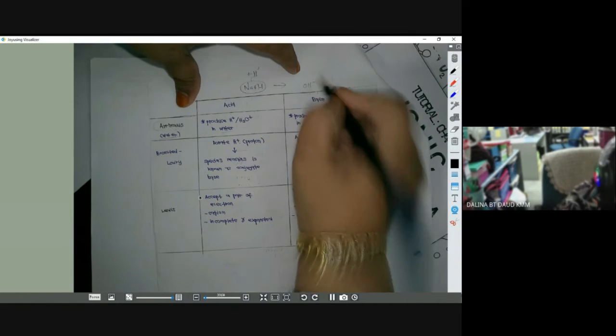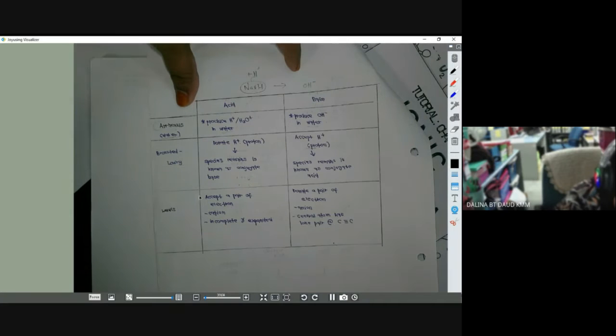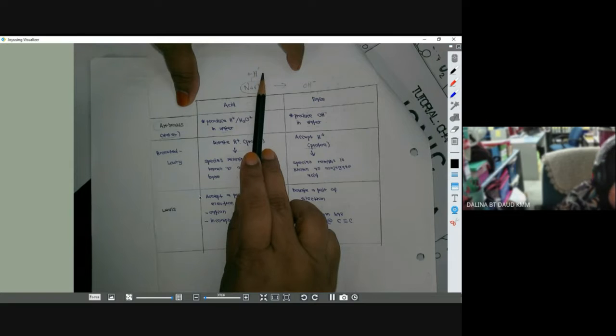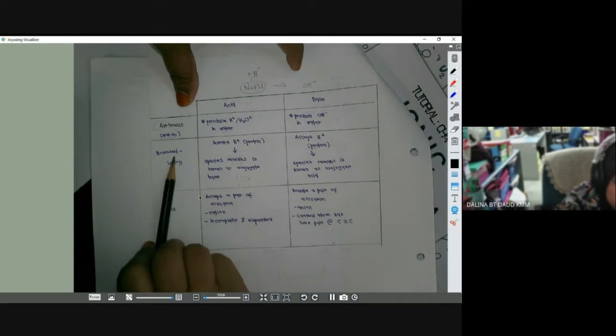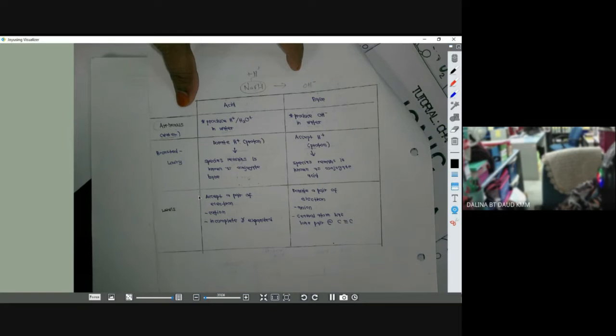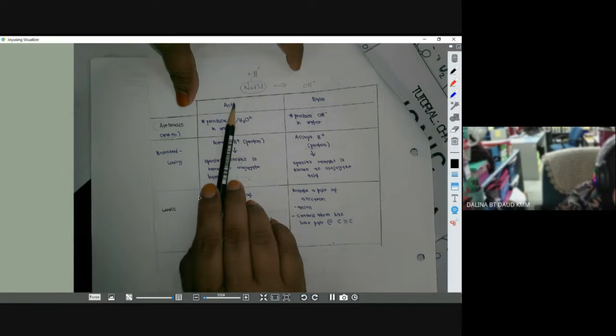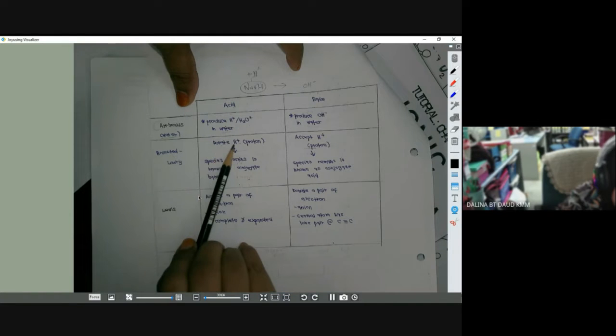Okay, kalau yang terima H plus dengan donate H plus tu kita panggil Bronsted-Lowry. Yang kita guna dalam syllabus tu Bronsted-Lowry nama dia. Bronsted-Lowry shows acid is the compound that donates H plus. H plus ni is known as proton.